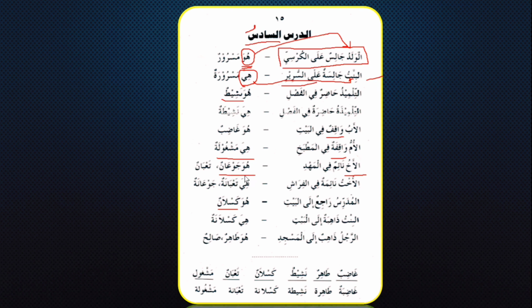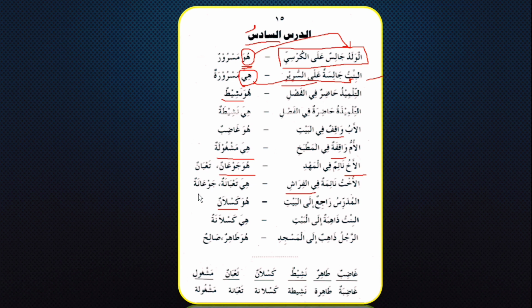So we can say huwa jaw'anu, only one dhamma. Huwa ta'banu. Then another sentence is al-ukhtu na'imatun fil firashi. The sister is sleeping in the bed or in the couch. Hiya ta'banatun. She is tired.